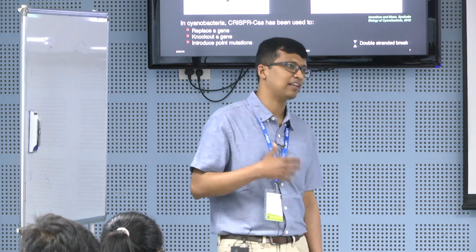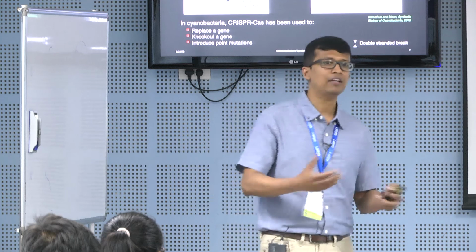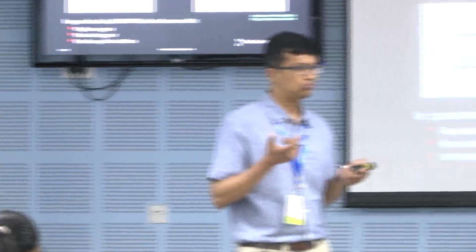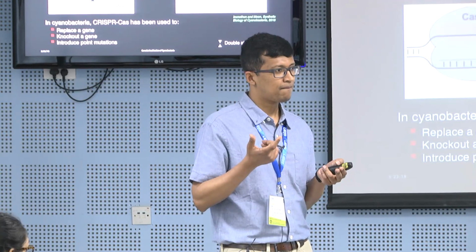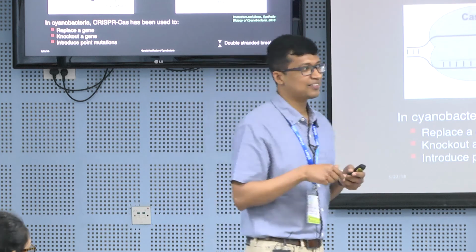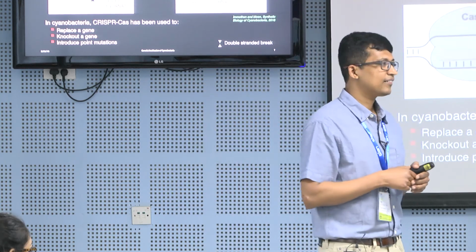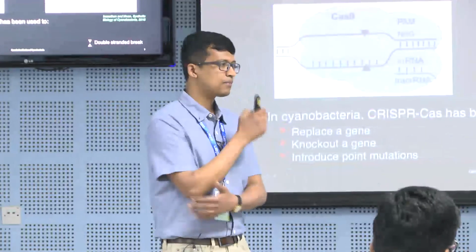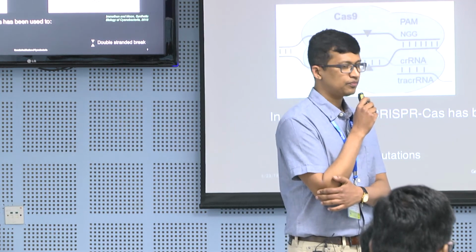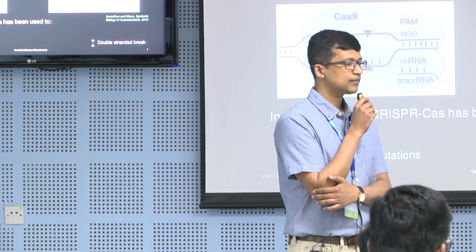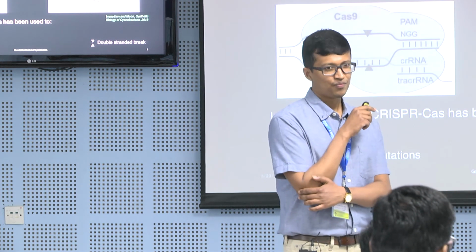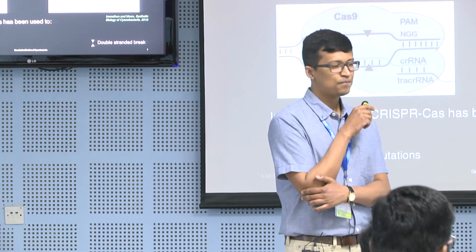Yeah, we all know how useful it could be for many different applications, but if you could think about one issue, what is that issue? Non-specific. Can you elaborate and speak up so that the class can hear? So it's a 20 nucleotide sequence, and that should have a PAM. Yeah, the genomic sequence. So that the Cas9 can fit there and cut it. Yeah. But instead of the 20 nucleotides, if 19 bases match or 18 bases match, and there is by any chance a PAM next to it, it's still going to cut it.